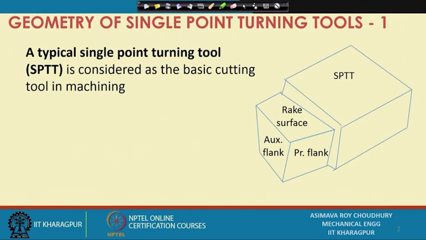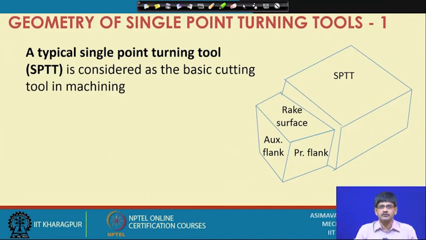This is considered the basic cutting tool or cutting element in machining. All cutting tools can ultimately be shown to be composed of different single point turning tools or a modification of the single point turning tool.